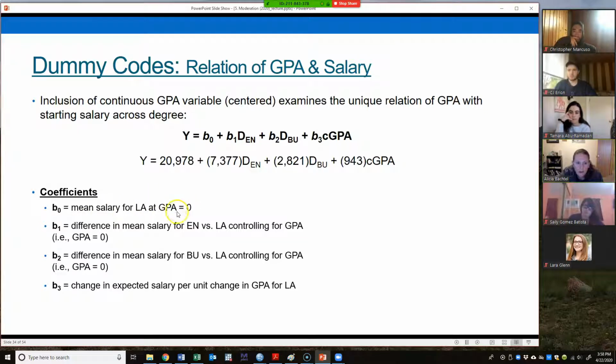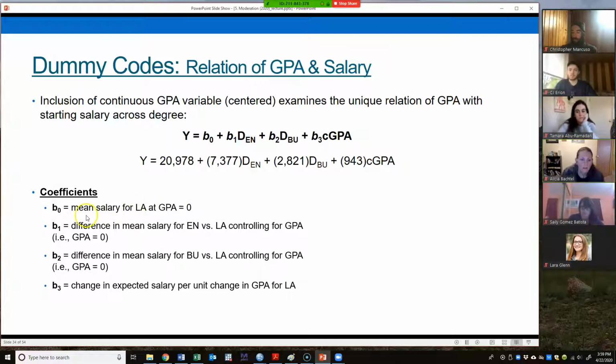Okay. Well, if GPA is centered, what does the value of GPA equals 0 mean? If GPA is centered. You're looking at the salaries. You're looking at the mean of the GPA?